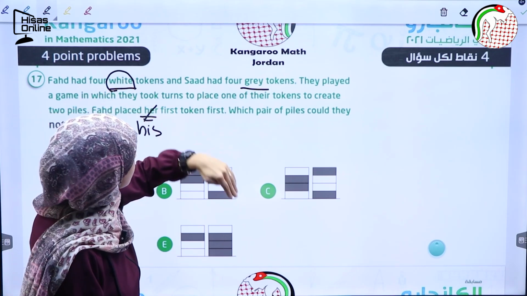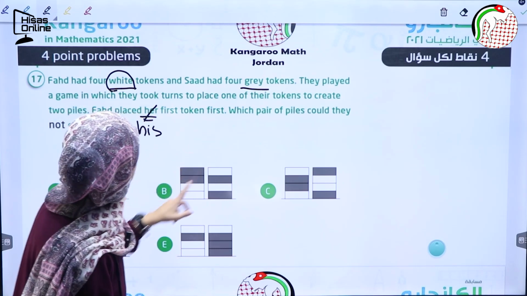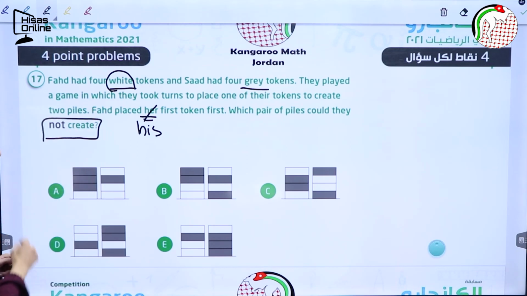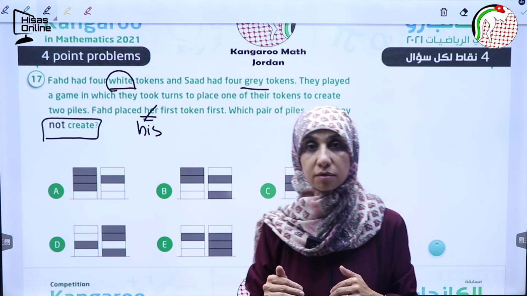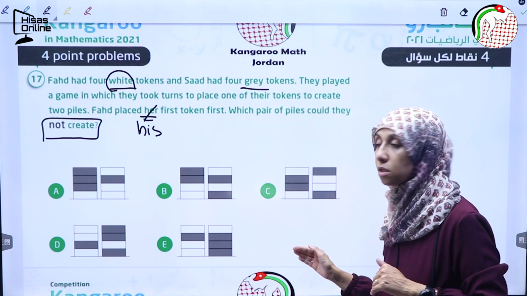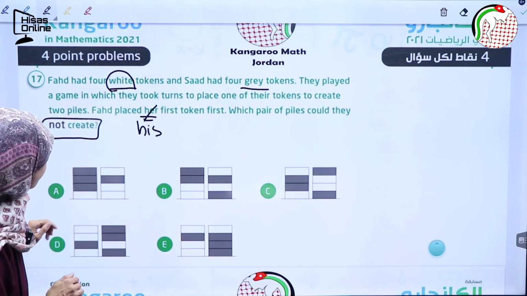Then Saad will follow with his gray token and so forth. Which pair could they not create? We need to play as they played and see which one is impossible to create.